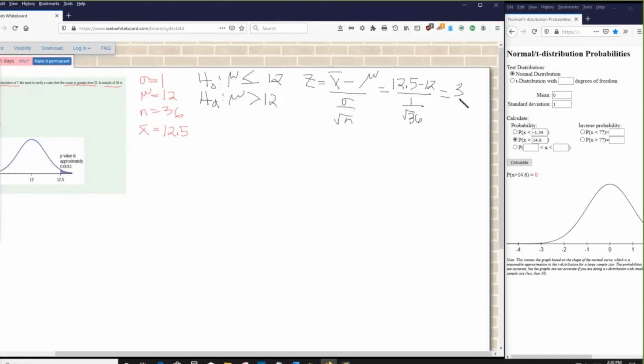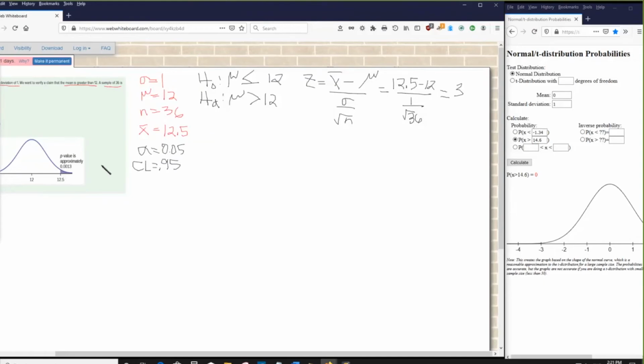Now, anytime they don't give you your significance level, we're going to assume that alpha is 0.05, which is a confidence level of 0.95, a 95% confidence level. So if you remember, you can look at this as a right-tailed test.